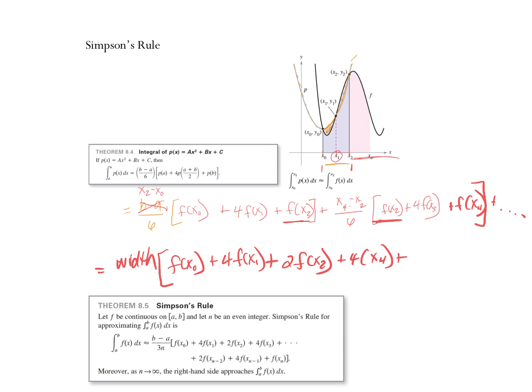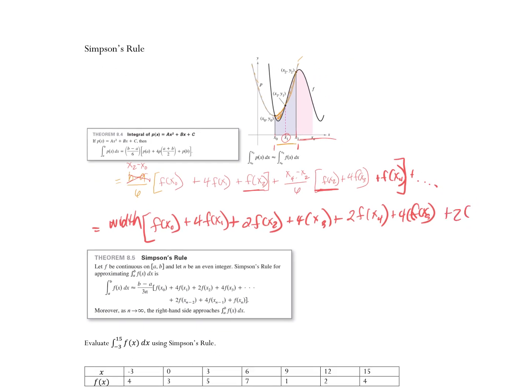And then what would happen if I added 2 more sections? I'd have 2 f of x4s, and then 4 f of x5s, and then 2 f of x6s. And then it would just keep repeating that way.